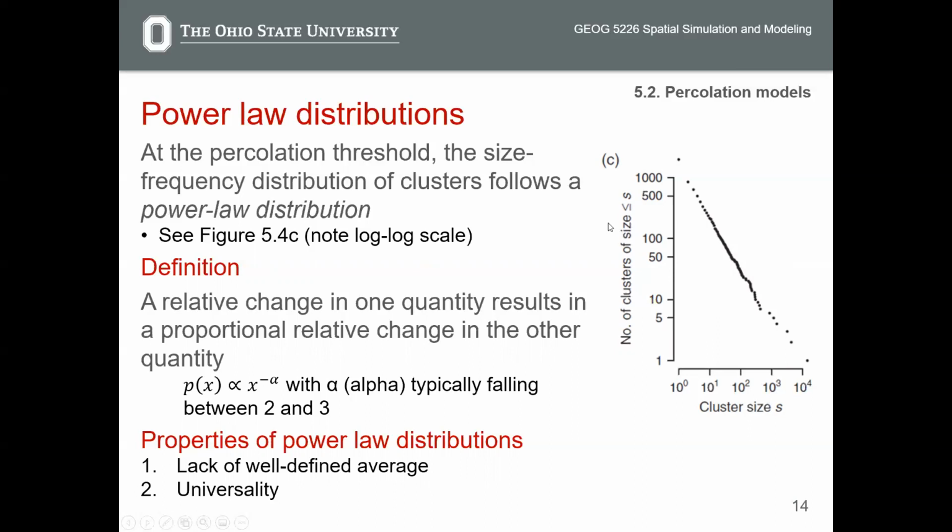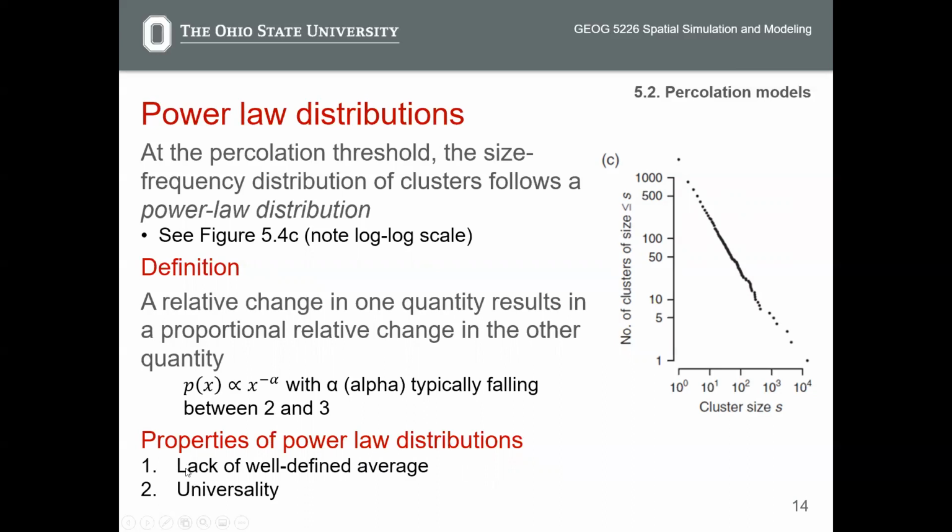And we know that these two parameters, cluster size and number of clusters of size equal or smaller than S, follow a power law. Their relationship follows a power law. And when there is a power law distribution, there are certain properties we need to be careful with.